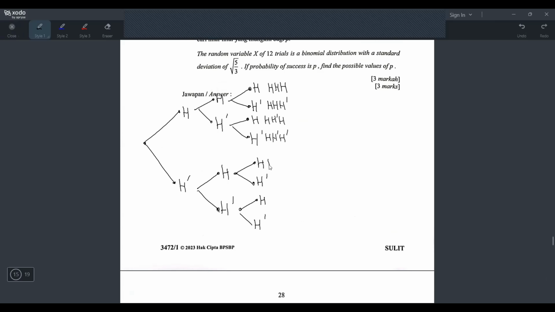Or the first one not hit, and then the second and the third you hit. Or the first one not hit, the second one hit, and the third one not hit. Or the first one not hit, the second one not hit, and the third one hit. Or the first one not hit, the second one also not hit, the third one also not hit. All right, so these are all the possibilities.